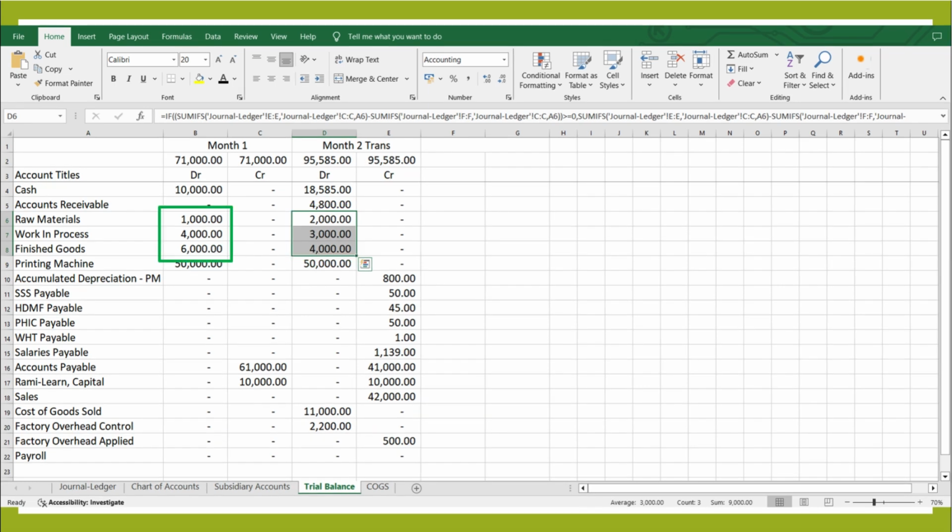We will begin transferring the beginning balances to the statement of cost of goods sold. Raw materials beginning 1,000 pesos.